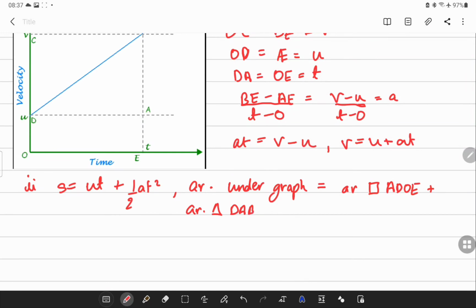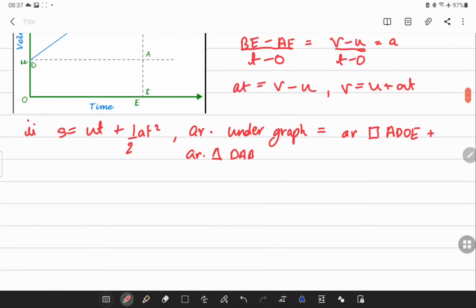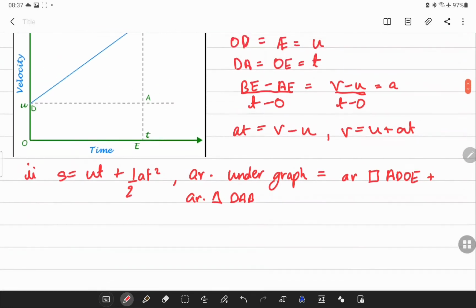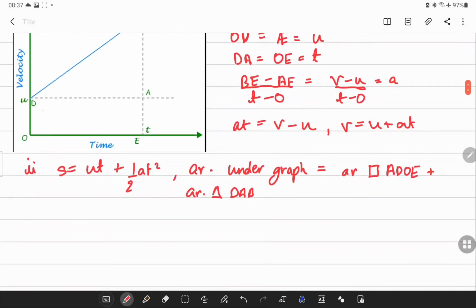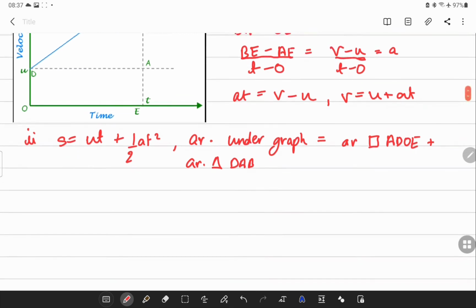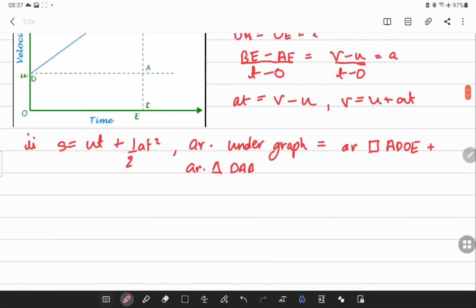First of all, the area of ADOE. Now think about this: u minus 0, initial velocity minus 0, will still give you u. So it is equal to u into t, because this is the time. You know the basic formula of a rectangle: area is length into breadth.